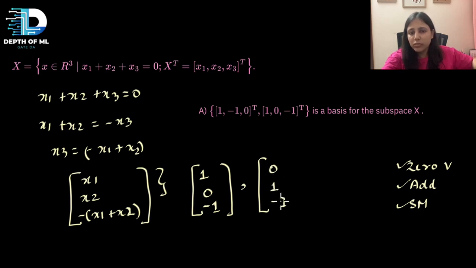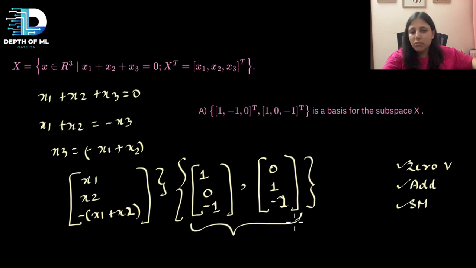This is one of the bases, right? Now if this is the basis of that, what we understand is that I need two linearly independent vectors in my basis to form the basis for this subspace. So this is a two-dimensional subspace. So this is a 2D subspace.